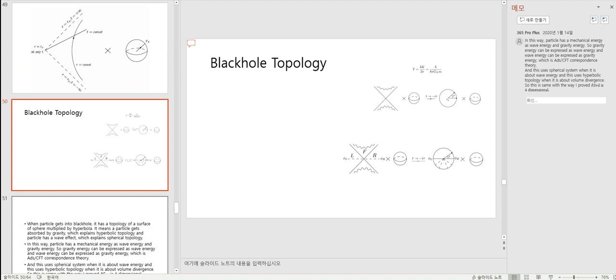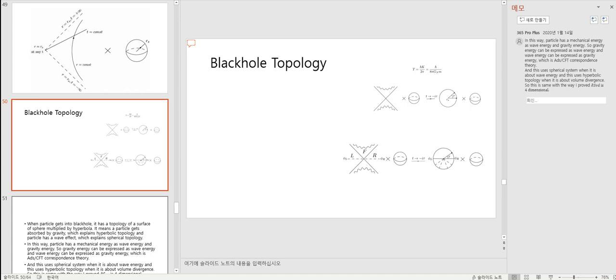And in this way, the particle has mechanical energy as wave energy and gravity energy. So gravity energy can be expressed as wave energy, and wave energy can be expressed as gravity energy, which is the AdS-CFT correspondence theory. And this uses a spherical system when it is about wave energy, and uses hyperbolic topology when it is about volume divergence.